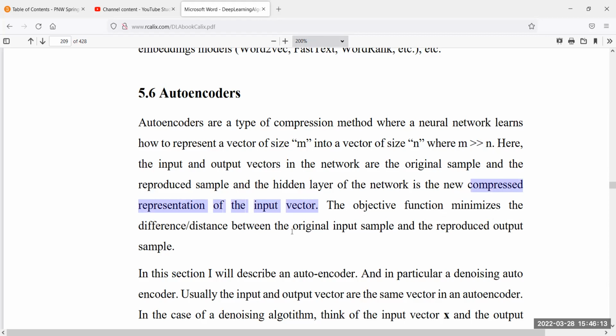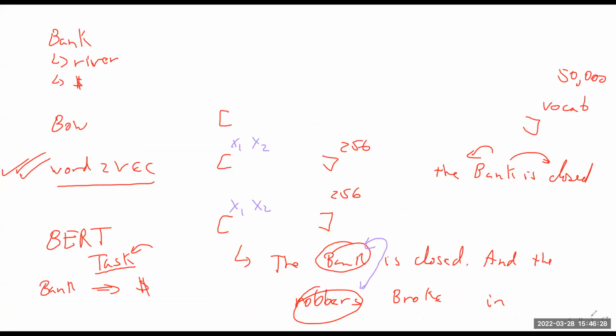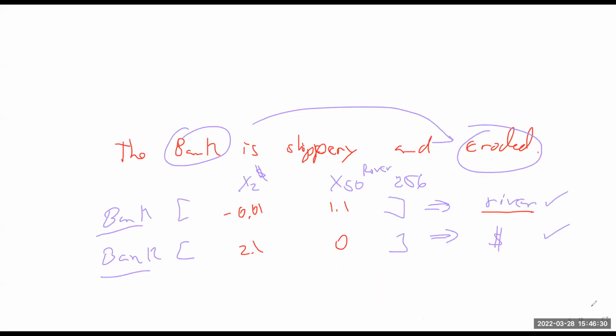The objective function minimizes the distance or difference between the original input sample and the reproduced output sample. So let's kind of think about this, because this is important for BERT to understand.